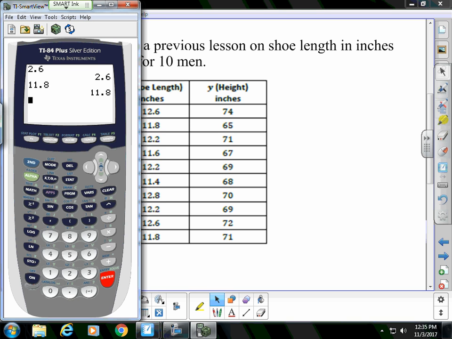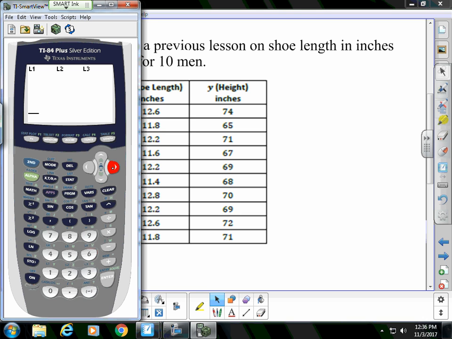Those were the shoelaces. I'm on the first entry with the 11.4, the 12.8, 12.2, 12.6, 11.8.